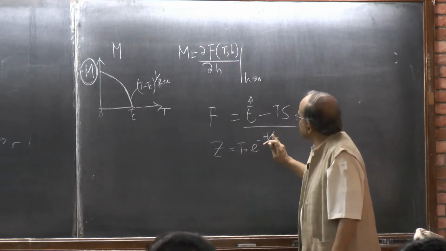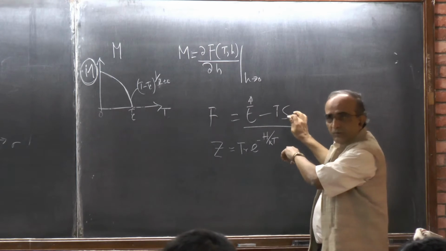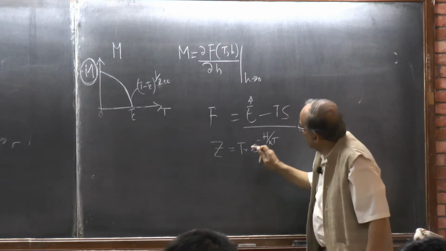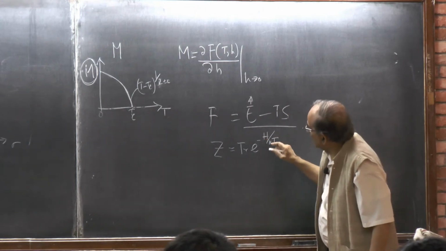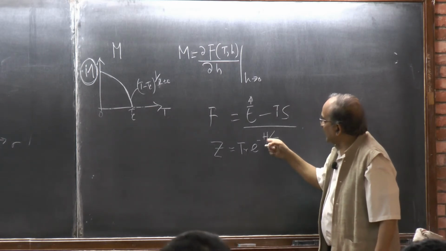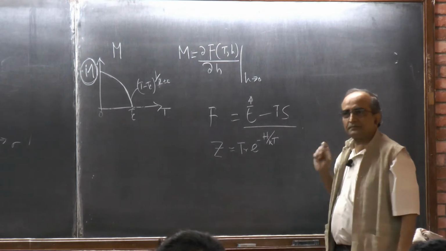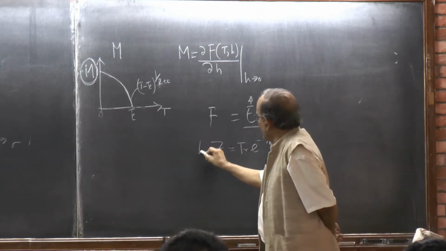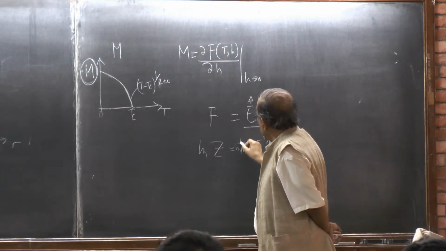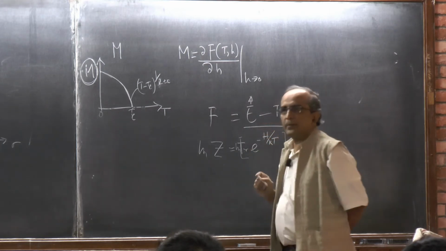You take the Hamiltonian divided by kT, exponentiate it, and sum. If you take the log of that, then you get the dimension of energy.